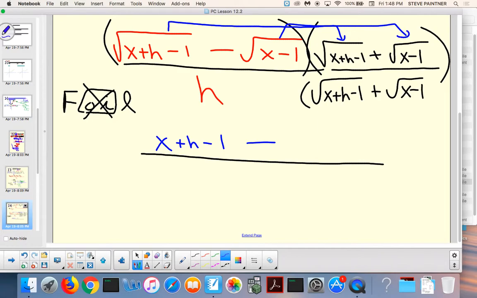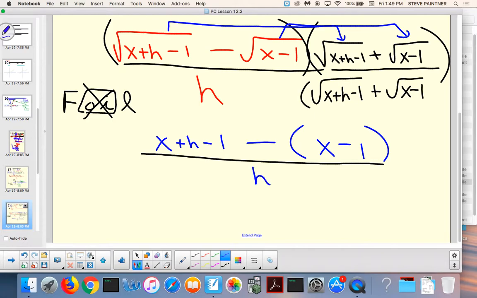What's a negative times a positive? Negative. But what are you going to subtract? Root x minus 1 times itself, so you end up getting x minus 1. That's the answer, but you have to subtract it, which means you run it through, and what happens? Minus x plus 1.